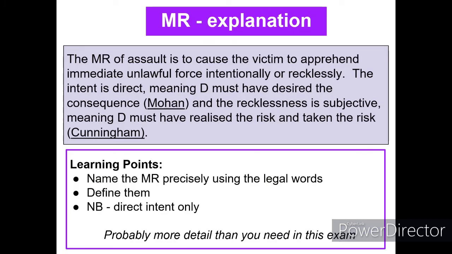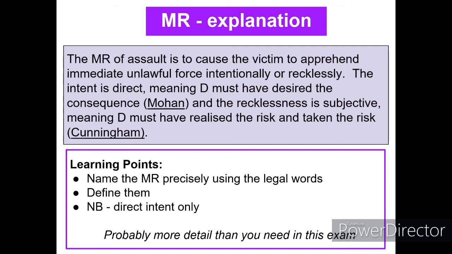You must name the mens rea precisely. So we're looking for the words intention and recklessness, and you should define them. Whether you need the cases Mohan and Cunningham is debatable. I think I've probably included too much here.